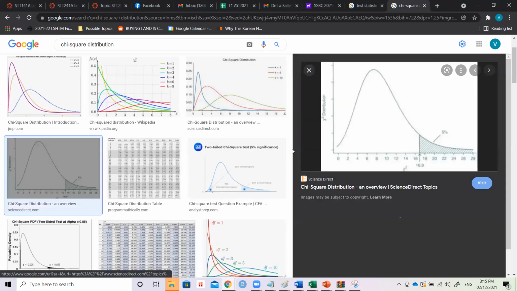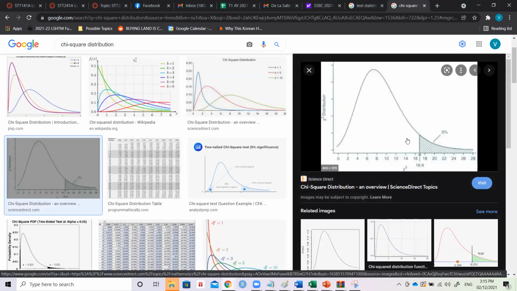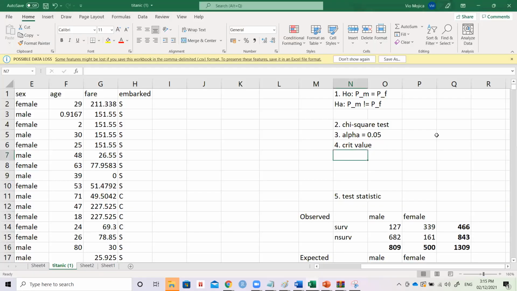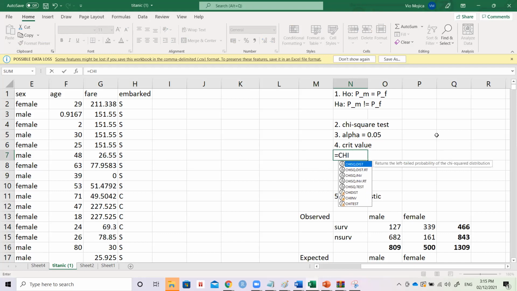It looks something like this, yung chi-square table, yung chi-square distribution. So what's the critical value? We're supposed to look at the chi-square table if you remember your previous stat classes. But actually we can use the Excel as well. So CHISQ.DIST.RT. So maniwala na lang muna kayo sa akin dito.